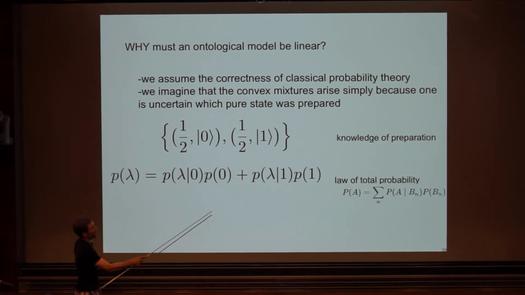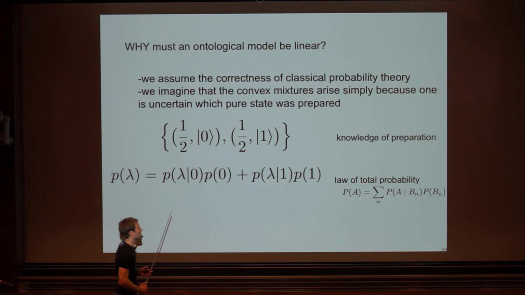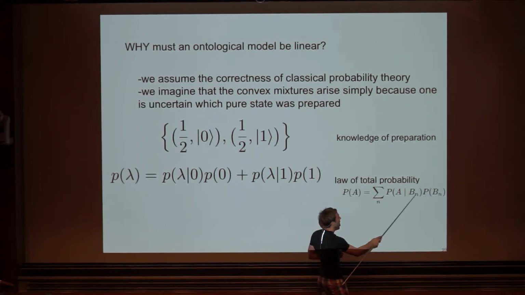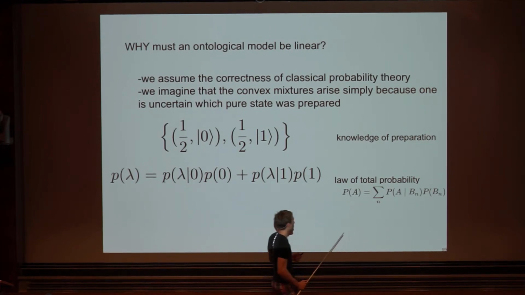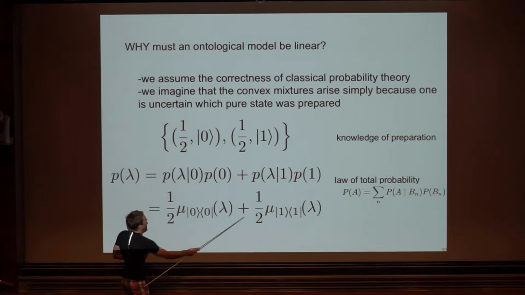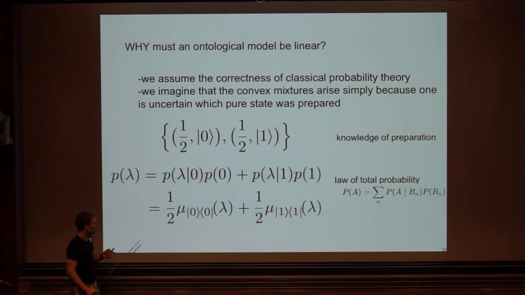So this is just the law of total probability, which tells you how to compute the probability of an event A, which can arise in multiple different ways, conditioned on some events Bn. And if these probabilities are just a half, we get these two halves, and the probability of lambda given 0 was just what we called mu sub 0 of lambda.